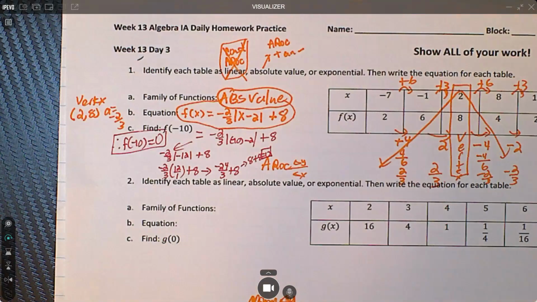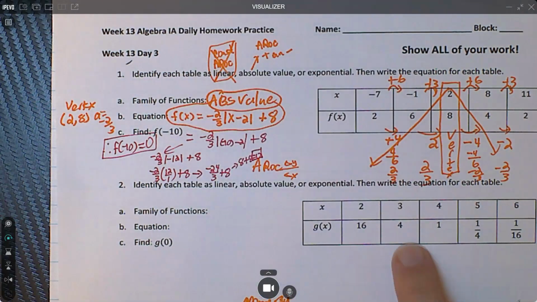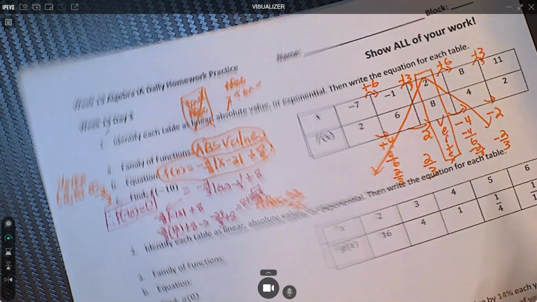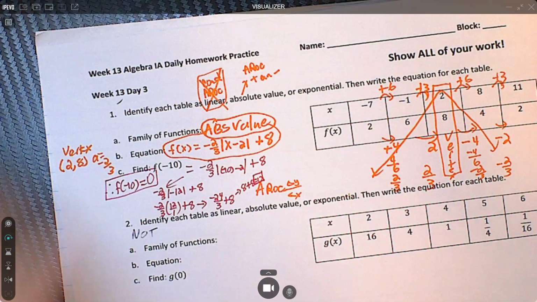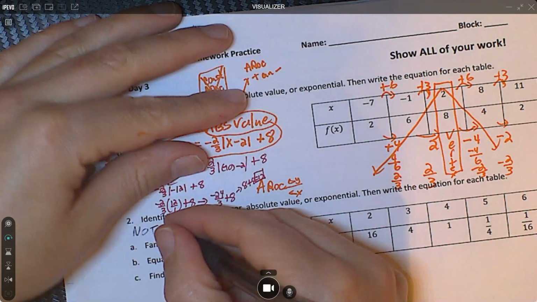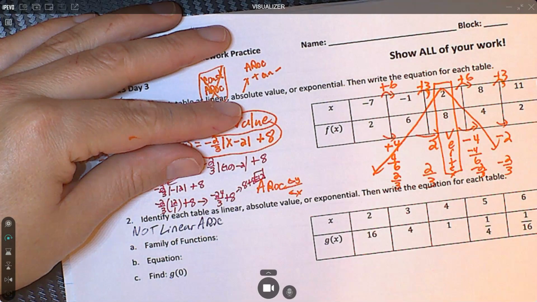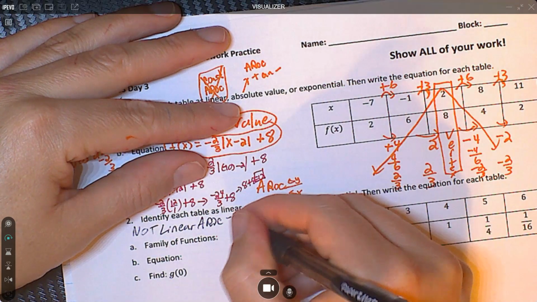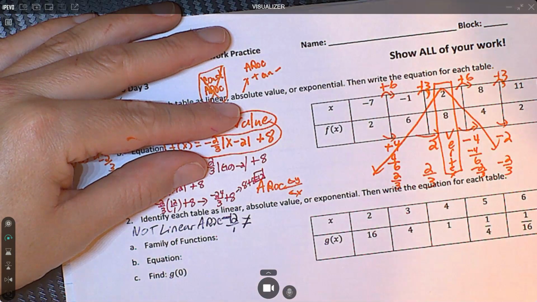Okay, I know this one's not linear or exponential because we went down 12. Not linear. AROC would be negative 12 over 1, doesn't equal.